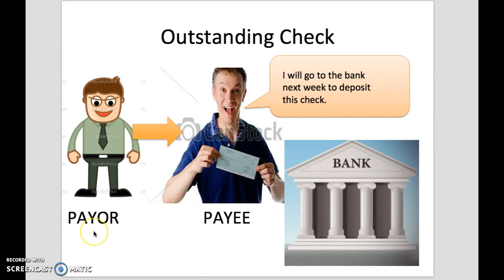So Mr. A will already have the decrease of 2,000 in his record, while the bank has none of that transaction yet. So this is what an outstanding check is called. The check is already out, but the bank doesn't know that Mr. A has given this to Mr. Blue already.